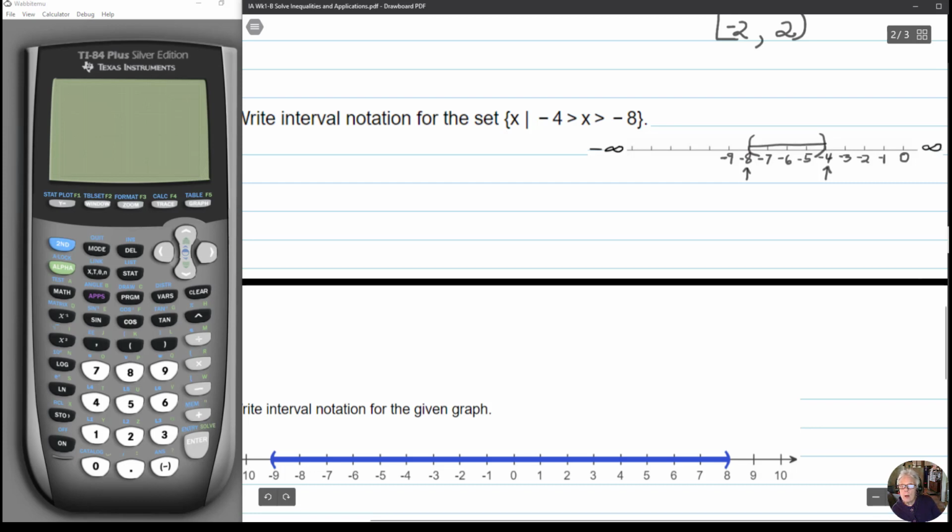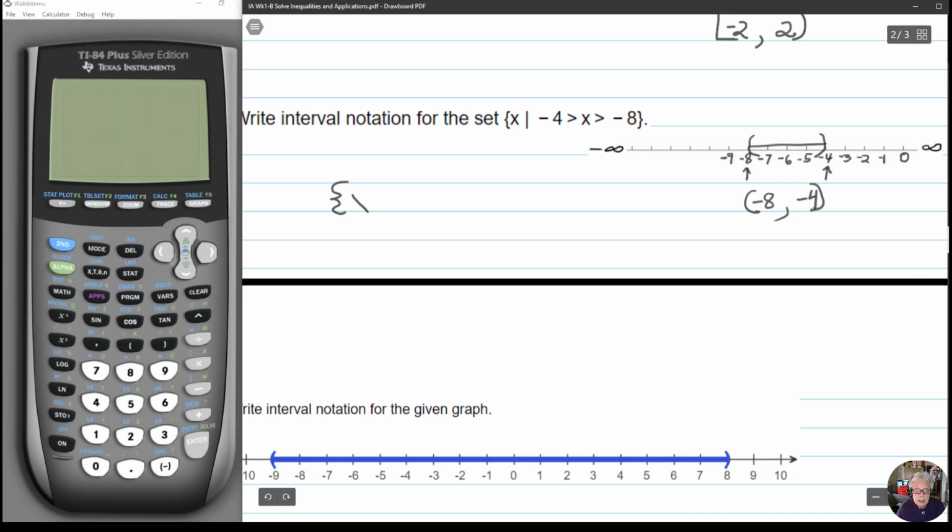Okay, this is the graph of that. The interval always puts the left endpoint on the left and the right endpoint on the right, and a comma in the middle. So this is not written correctly.